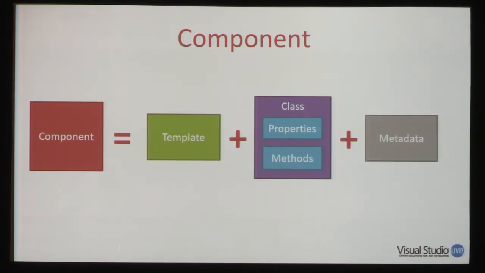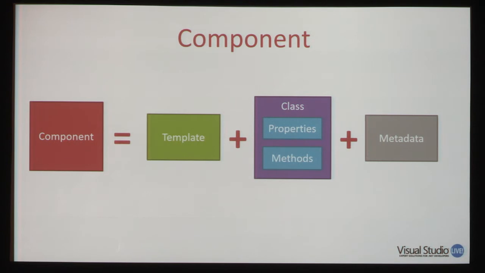Lastly, a component has some metadata, and the metadata gives some additional information to Angular on what to do with the component, how to set it up, how to work with it, and we'll see what that all looks like. Now, one of the huge advantages that we all have as .NET developers over folks who are just ES5 developers is that all of this is going to look very, very familiar.